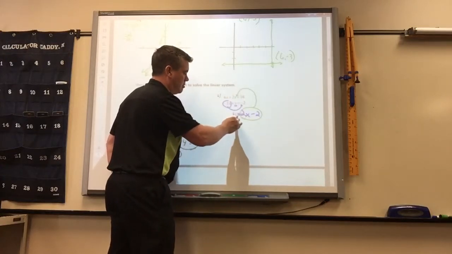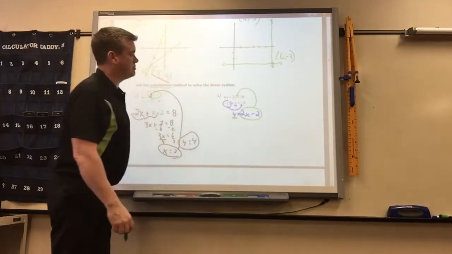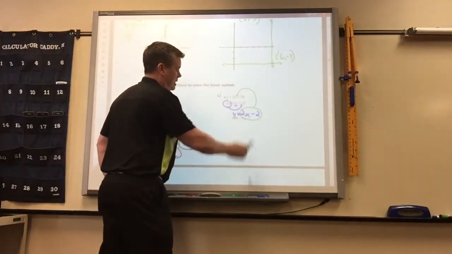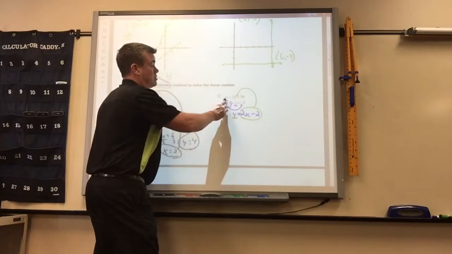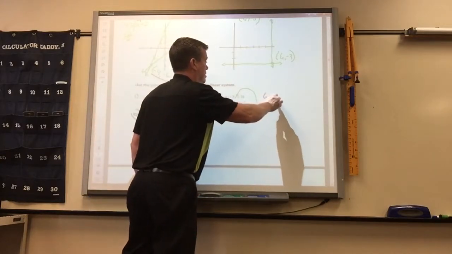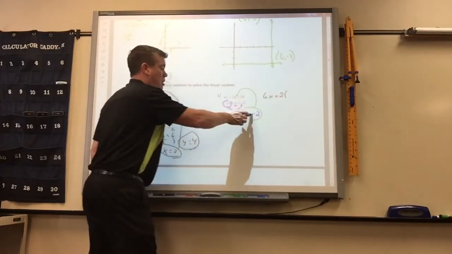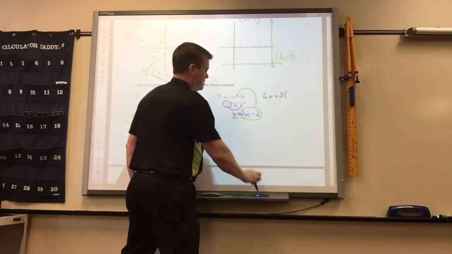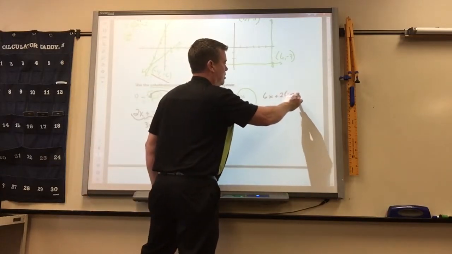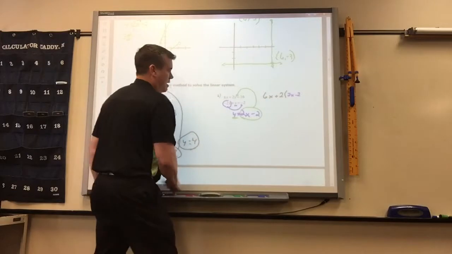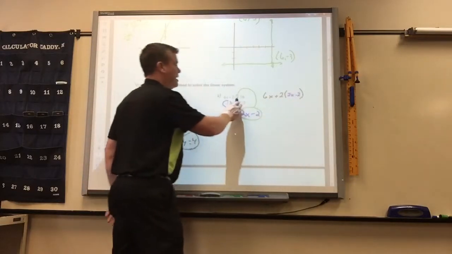Remember, put it in to the letter that's by itself. So you have to rewrite that whole thing up there. So it'd be 6x plus 2, and instead of y, put that in its place. 2x minus 2 equals 16.